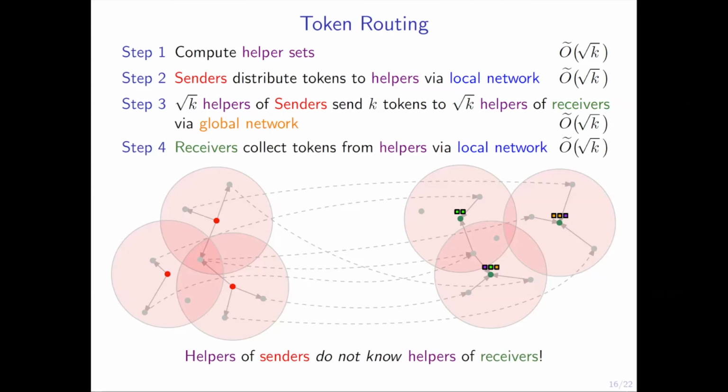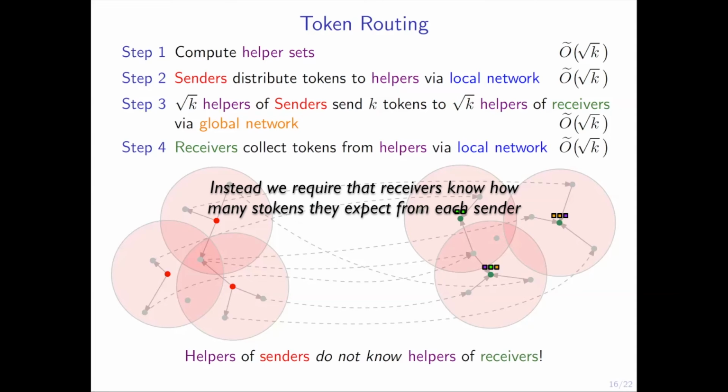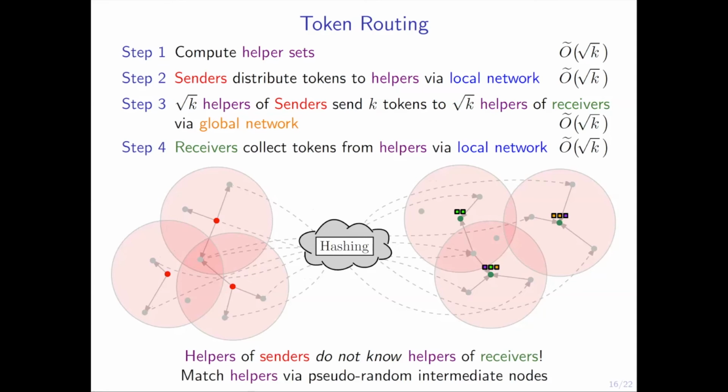This sounds simple enough, but unfortunately, this is not so easy because helpers of senders do not know helpers of receivers, and we cannot make the sets of helpers public knowledge because this would incur way too much contention on the global network. So we use hashing to remedy this.